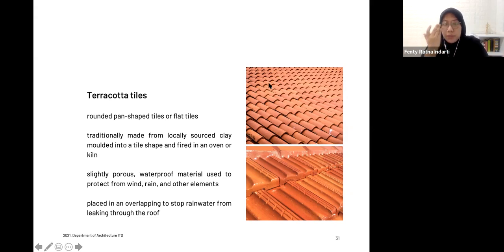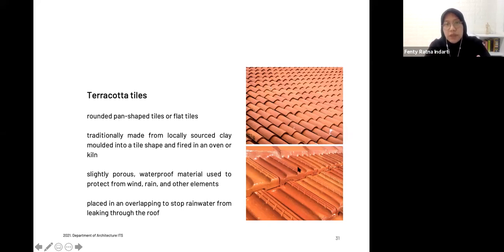They can be distinguished easily because of maybe the curved part, or the weight, or the sizing, or maybe the decoration, because there is some decoration on terracotta tiles as well. Basically there are two types of terracotta tiles. First is the rounded pan shape tiles or flat tiles.